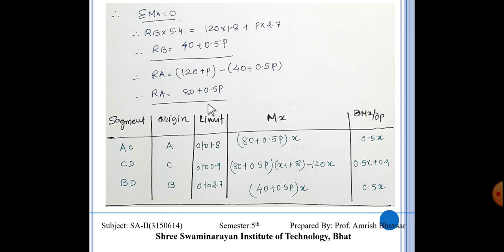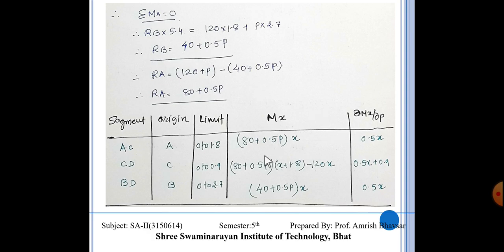As we know, for finding the deflection with the help of Castigliano's first theorem, we have to make this table and take Mx and its derivative. So first segment AC, CD and BD. Here the origin A, C, B, limits 0 to 1.8, 0 to 0.9, 0 to 2.7. Now Mx.